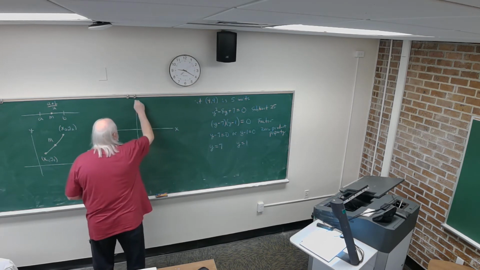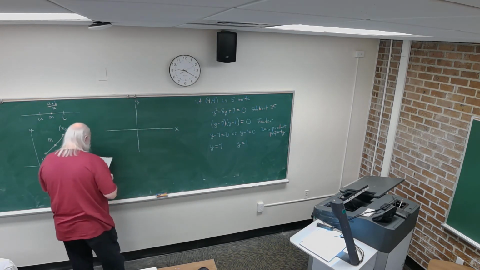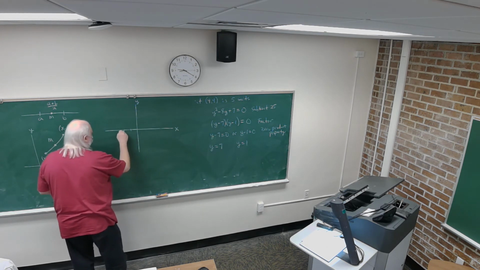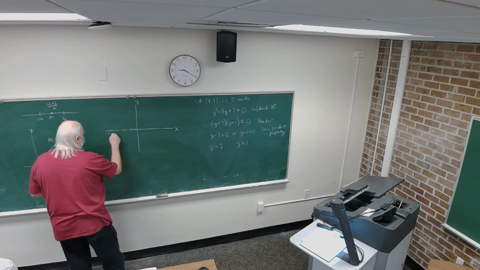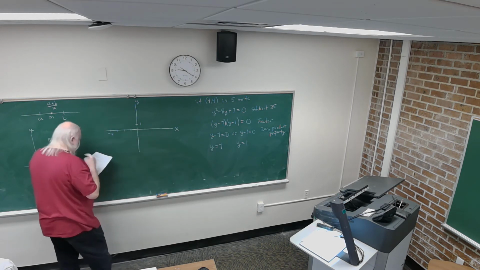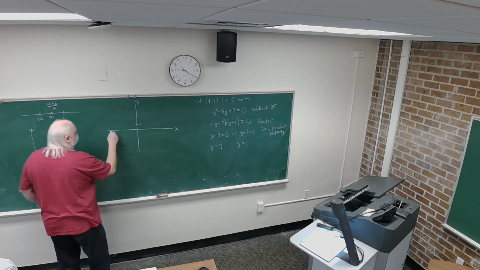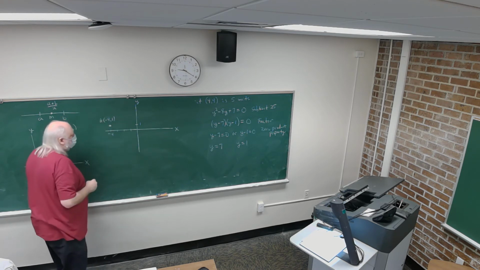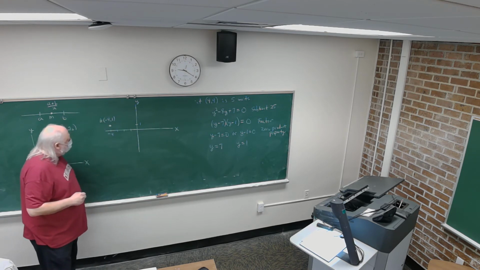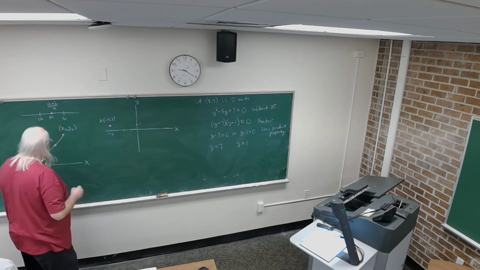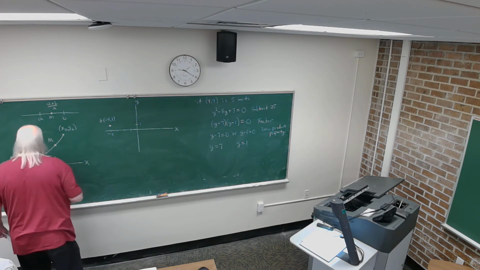So here's the x and y axes, and here's minus 1, minus 2, minus 3, minus 4 on the x-axis, plus 1 on the y-axis. So here's the point A at (minus 4, 1). And then the midpoint between A and B is at (5/2, 0).